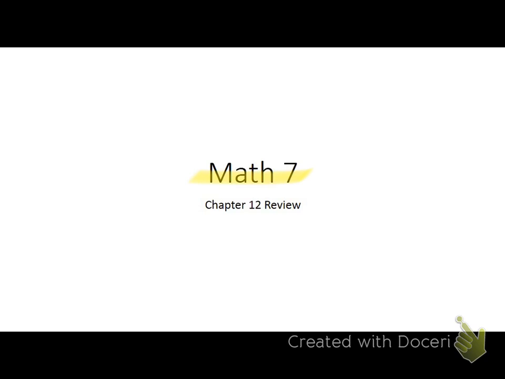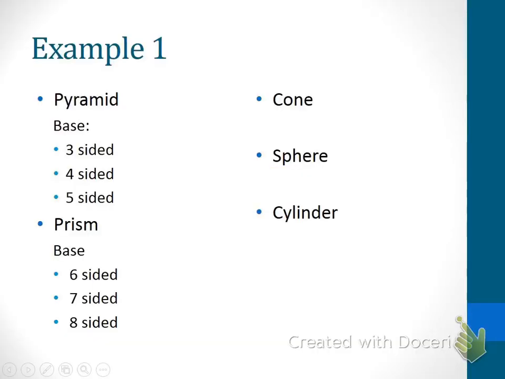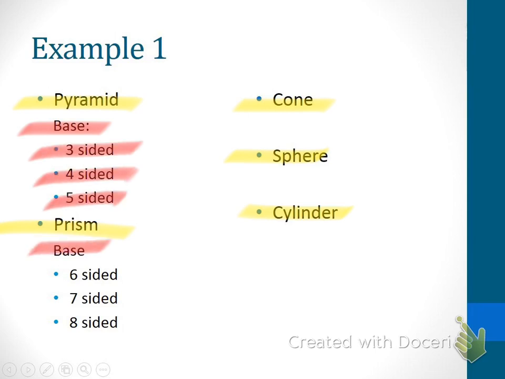The first thing we need to review is your shapes, your solids, and classifying them. Hopefully this is a review. These are your 5 different types of solids that you need to know. And remember, with pyramids and prisms, their classification is determined by how many sides to their base they have.